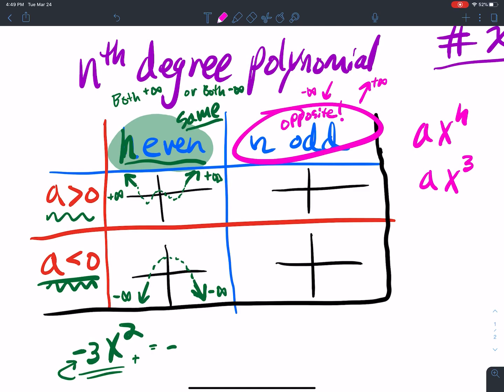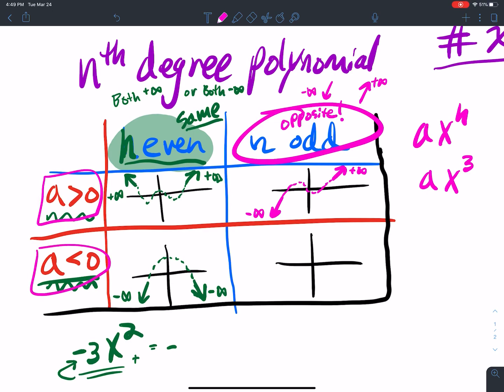They're the opposite directions. So if a is positive, the right-hand behavior is going up to positive infinity. Always look at the right-hand behavior first. So opposite of positive infinity, that means the left side is negative infinity. So how these connect, nobody knows unless we're given more information, but we do know the end behaviors.